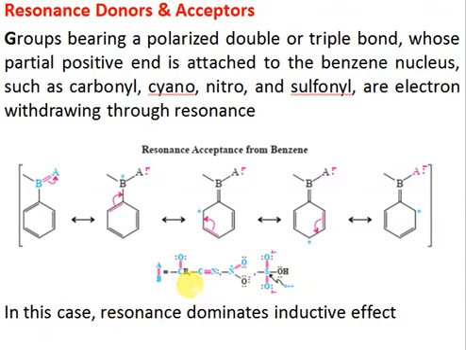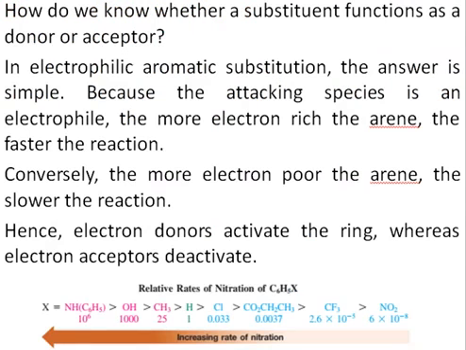Here, although the inductive effect and resonance effect are on the same side, the resonance effect will dominate over the inductive effect. The inductive effect will not be that significant as compared to the resonance effect.